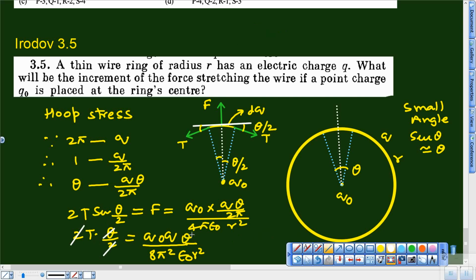Theta gets cancelled off. And I get the hoop stress which they are asking for in a different way. That is T equal to Q naught Q upon 8 pi square epsilon naught r square as the final answer.